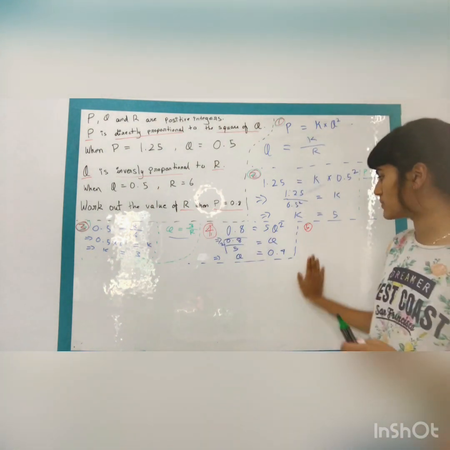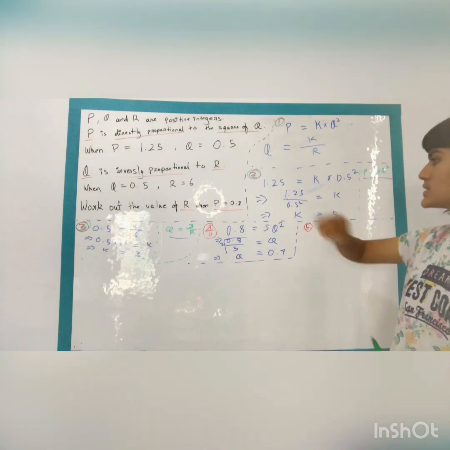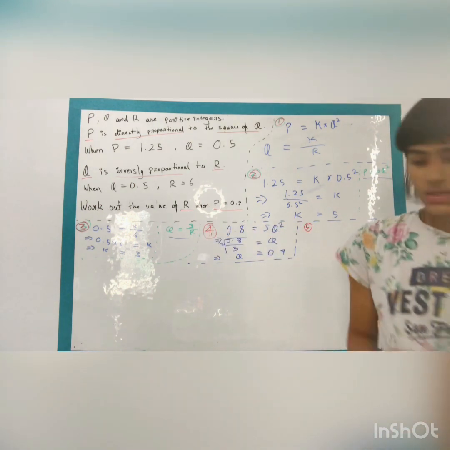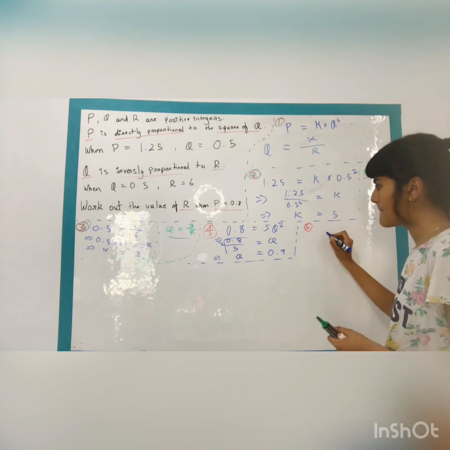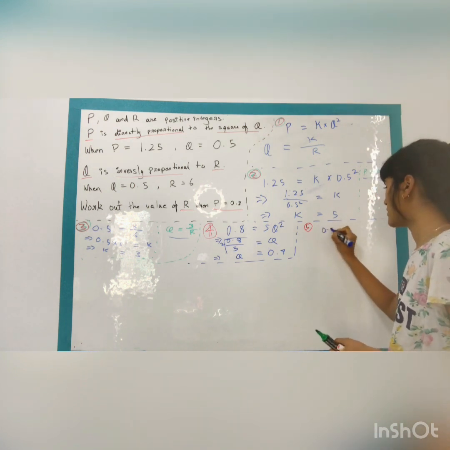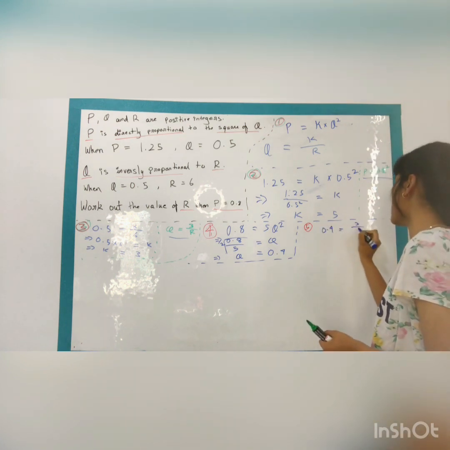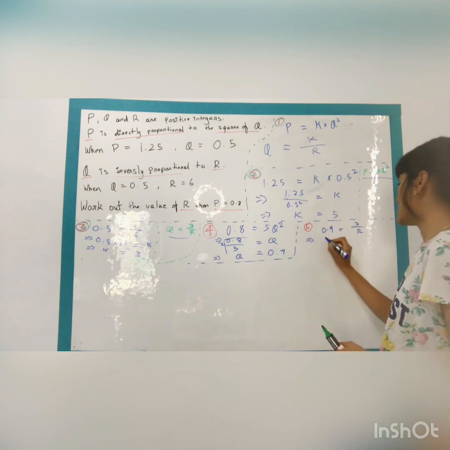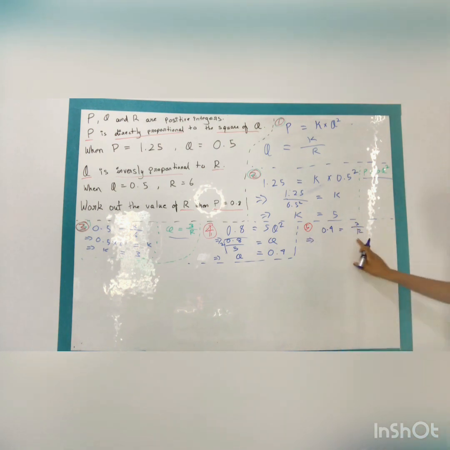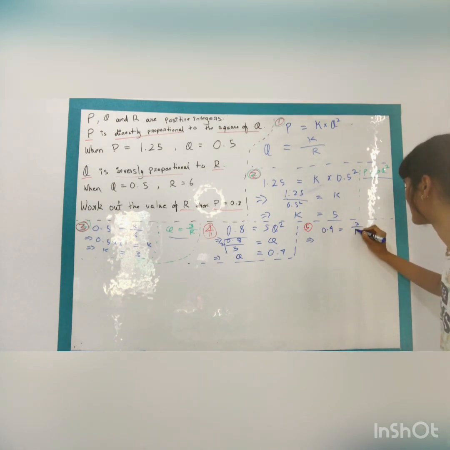Step 5 is going to be putting this value of Q into our second equation. So 0.4 is equal to 3 over R.